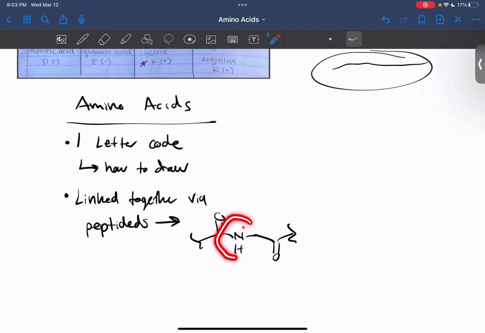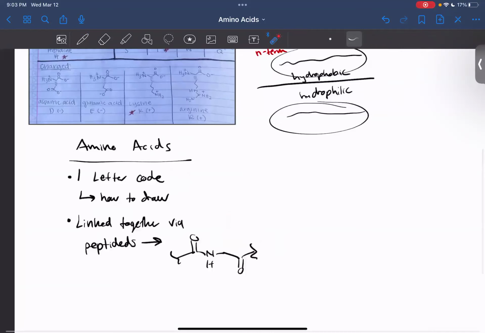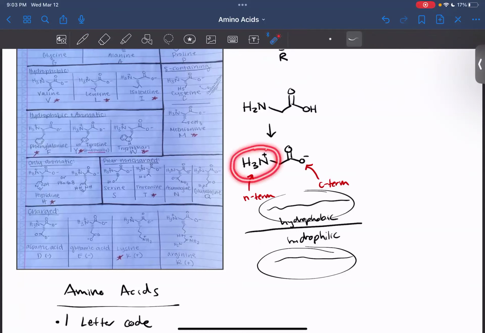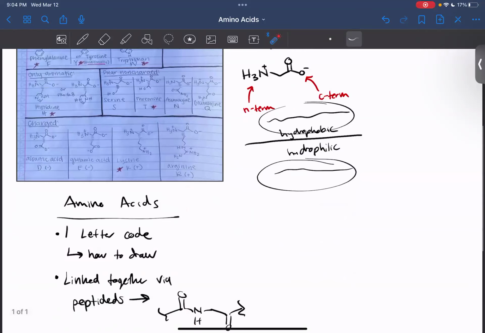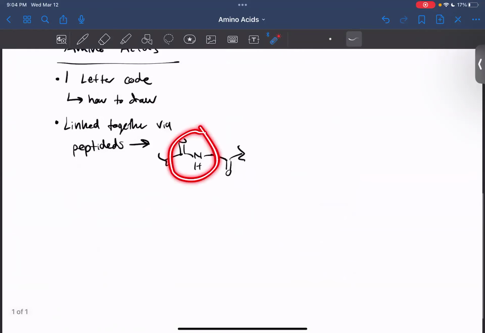Something that can confuse students is that once these two ends come together, it condenses into a polymer, and it's now an amide linkage. So you are not going to protonate and deprotonate it based on the ammonium, what you would previously do up here. It is now just going to be a secondary amide.